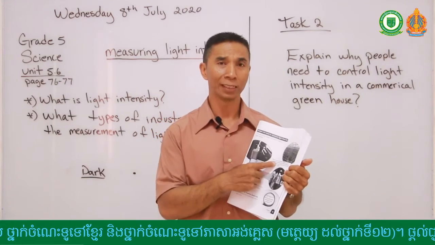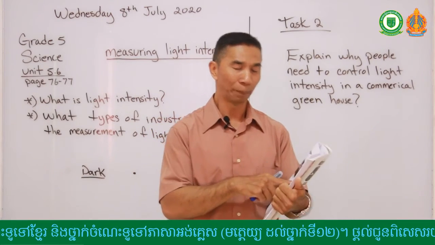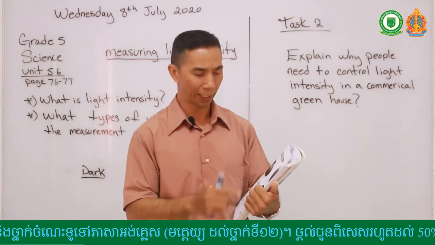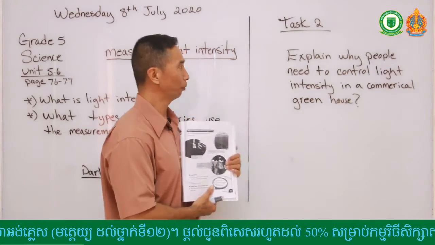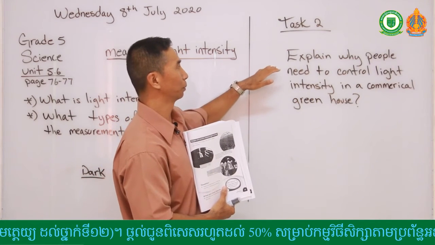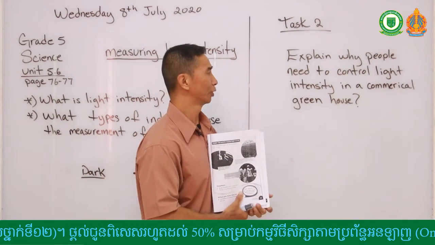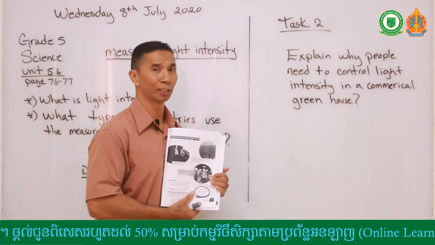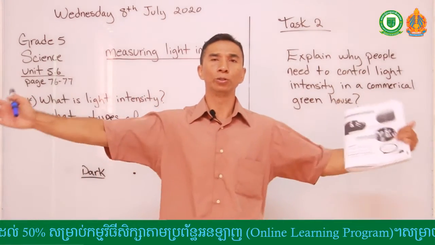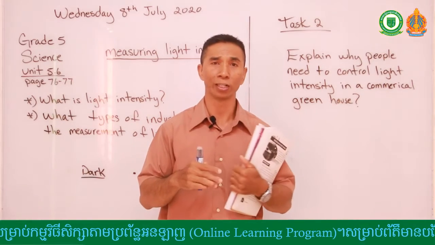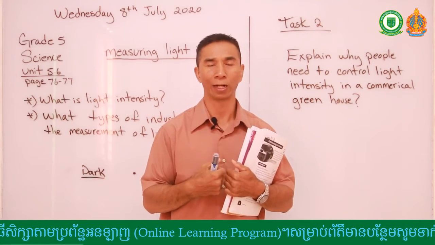I want you to read this and read the pictures that I've posted up and understand it so you can do your second task. For your second task, I want you to explain why people need to control light intensity in a commercial greenhouse. Remember, a commercial greenhouse is a huge greenhouse, not a small one where you or I can grow in our house.